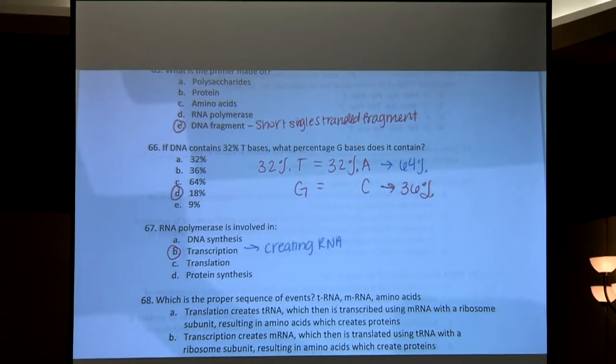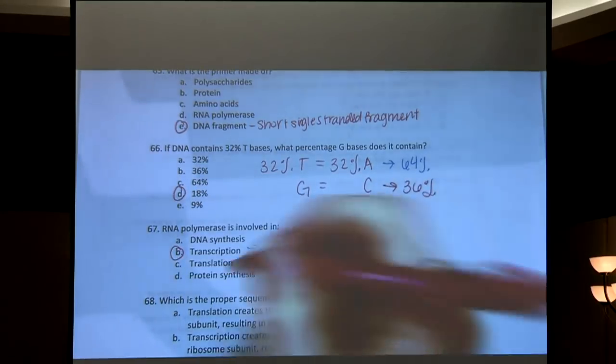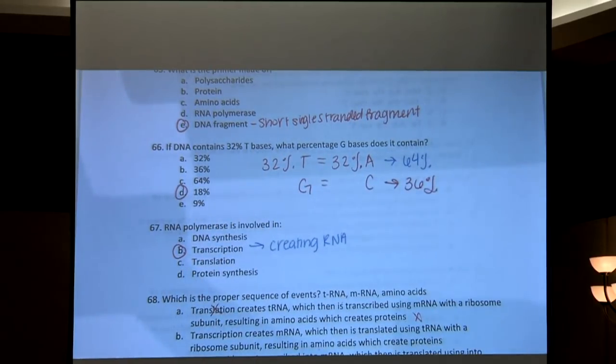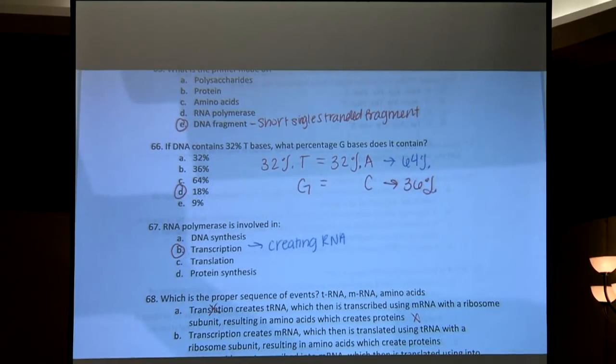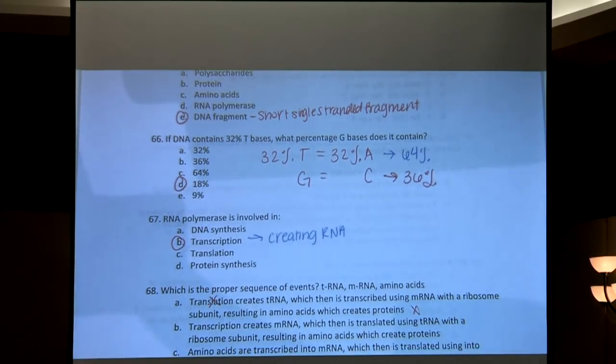Good, so no, we're not starting with translation, which helps set that up. So B: transcription creates mRNA, which is then translated using tRNA with a ribosome subunit, resulting in amino acids, which create proteins. How does that one sound? Good, so that one is our answer.